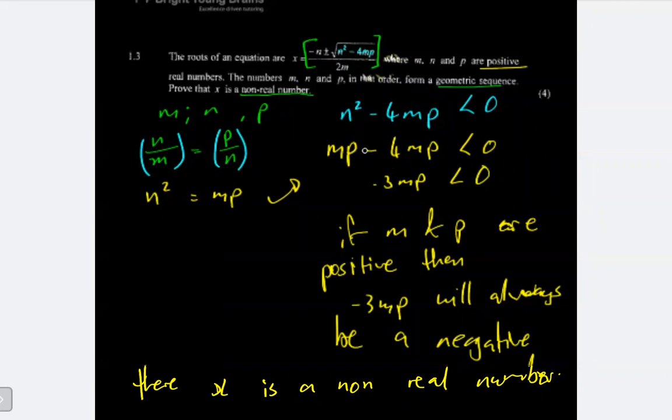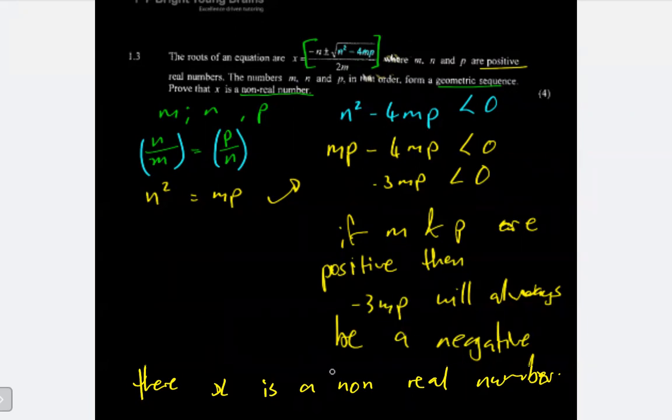Remember we had this expression also, but here I remember I replaced mp with the n squared, but then here it looks like I replaced the n squared with the mp, because now if it's like that, then we have here negative 3mp, and it says if m and p are positive, then 3mp will always be negative.